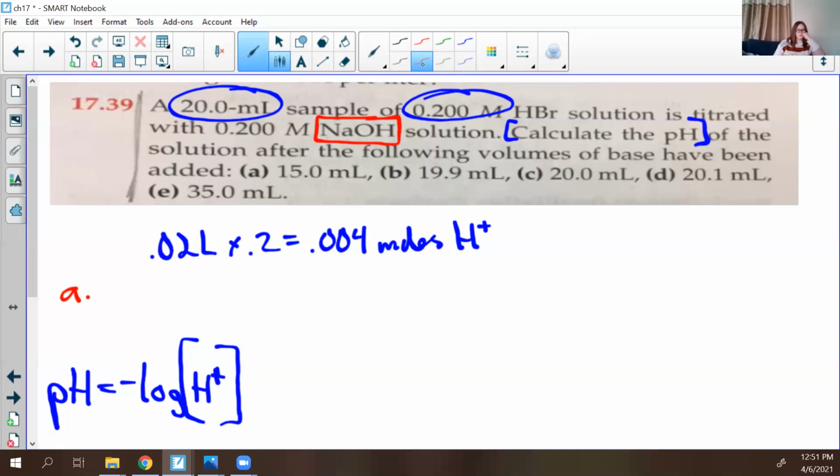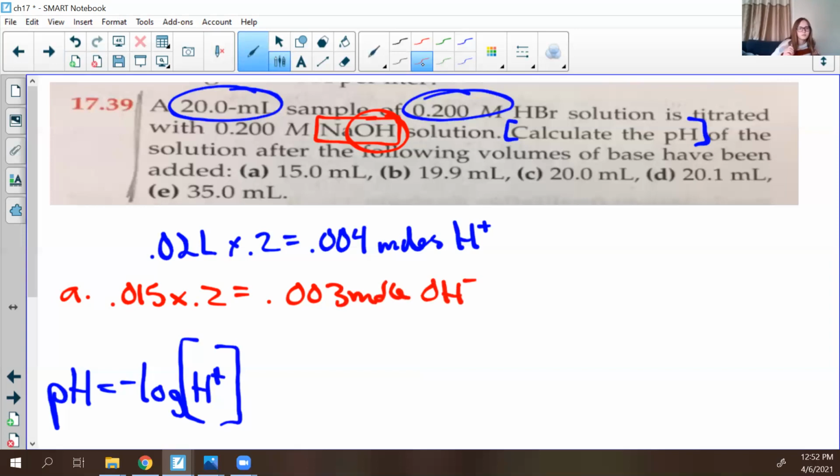So I'm going to calculate the moles of OH from those two numbers. I'm going to take 0.015 times 0.2. All right, and this is 0.003, right? So 0.003 moles of OH minus.